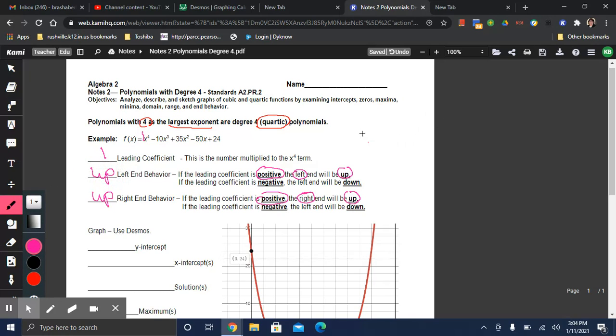To give you an idea of what that would look like, if you have a positive coefficient, then the graph will be up. It might do some curving in the middle, and then it'll be up on the right end as well.